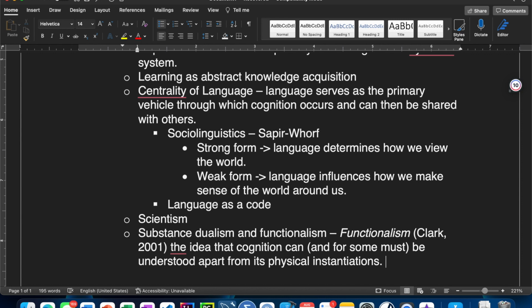Related to that is this idea of substance dualism, right? Which means here then that cognition can be implemented across a variety of media, but that implementation of it is not our primary focus. The function is, right?